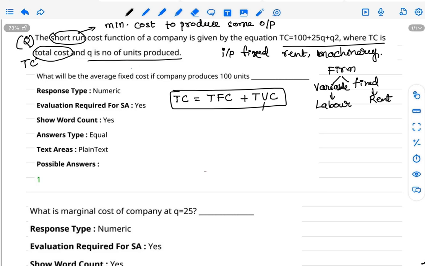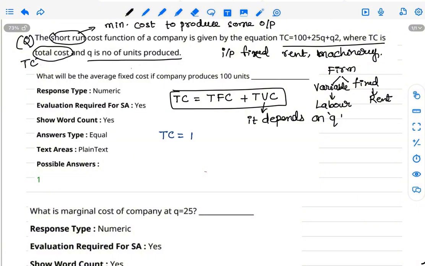The variable cost depends on quantity, the number of units. In terms of Q, it is variable, it changes. Variable means changes.